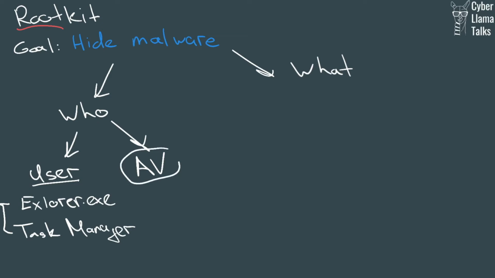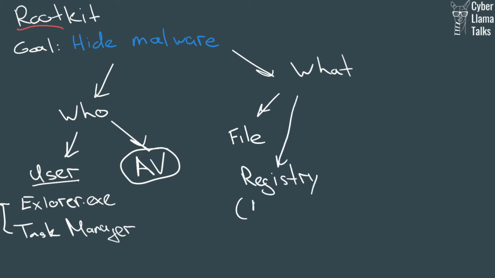And of course, more sophisticated rootkits would try to hide malware from antivirus engines. But what exactly would they try to hide? Of course, files on the file system. Registry keys, specifically autorun keys, and there are hundreds of different ways to set up autorun, and malware could potentially use any of them.